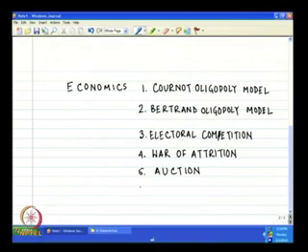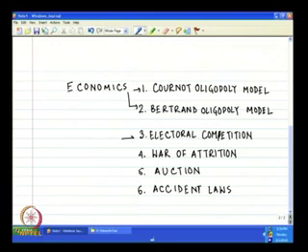We shall discuss auctions. And finally, accident law. So, this is from economics, this is from economics, this is from political science.